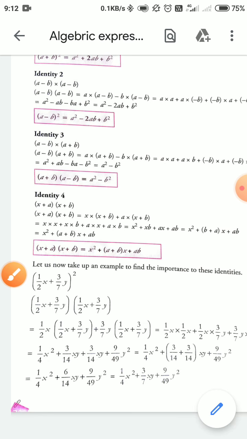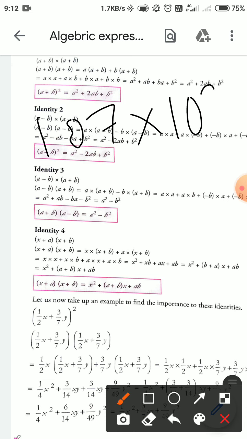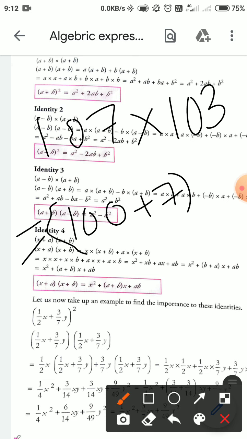Suppose you have to find the value of this expression. Let us take an example. 107 is to be multiplied with 103, right? You can write 107 as 100 plus 7, and you can write this 103 as 100 plus 3, right?